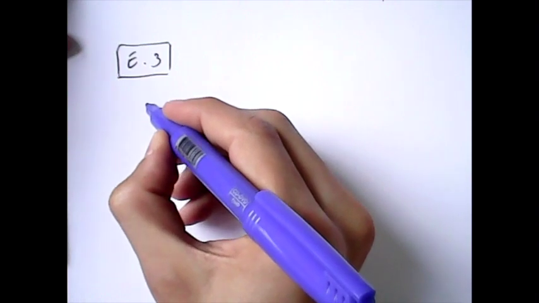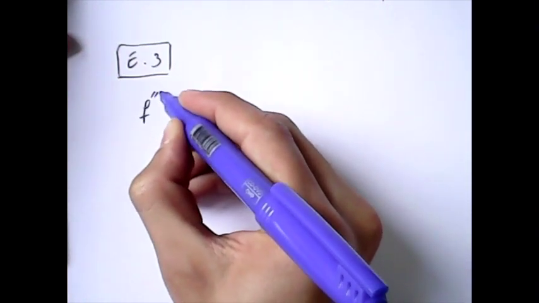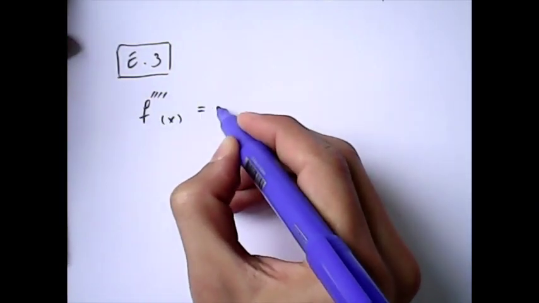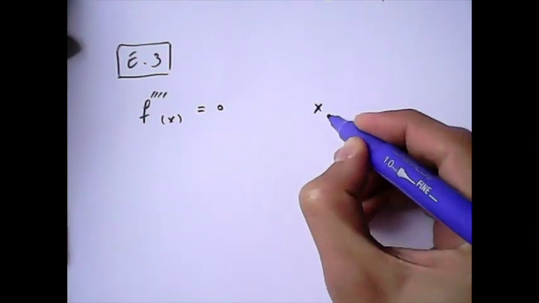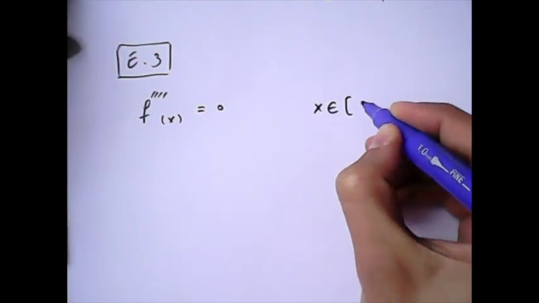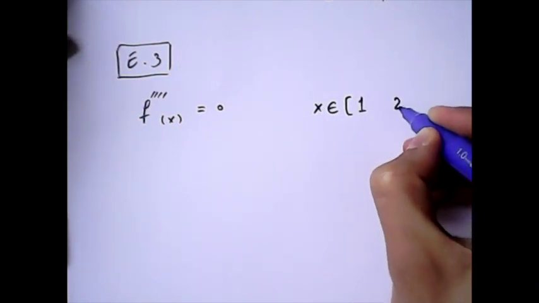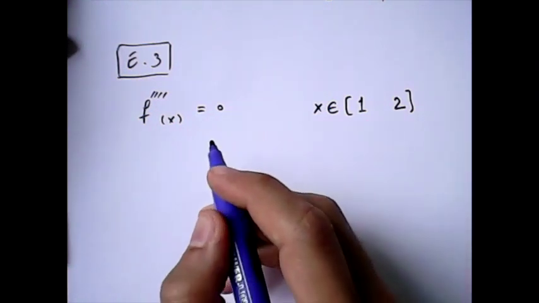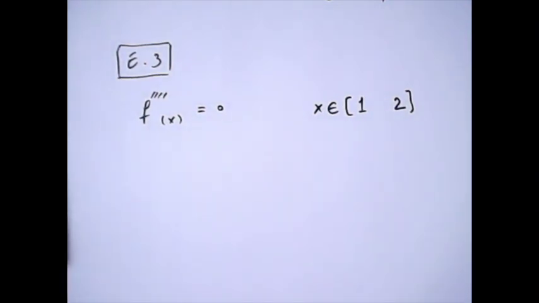Now this time consider a fourth order differential equation. So we'll have fourth derivative of f equals 0, and this time f is defined on a domain which starts from 1 and goes all the way to 2. And the boundary conditions are as follows.